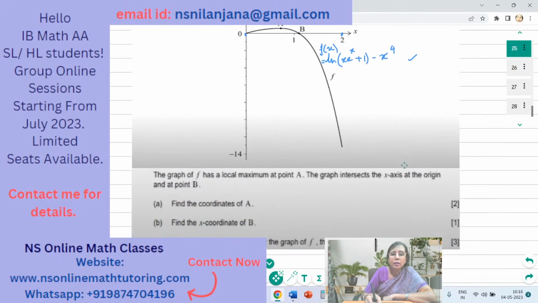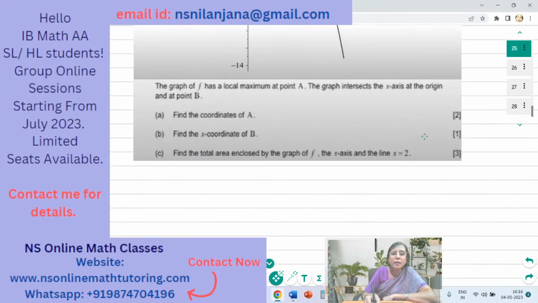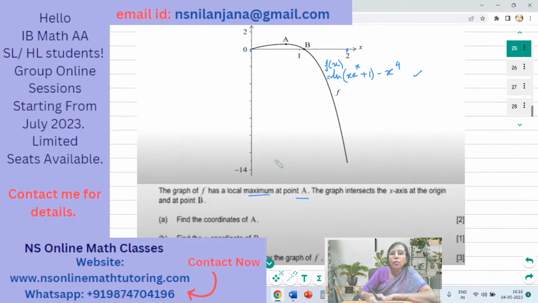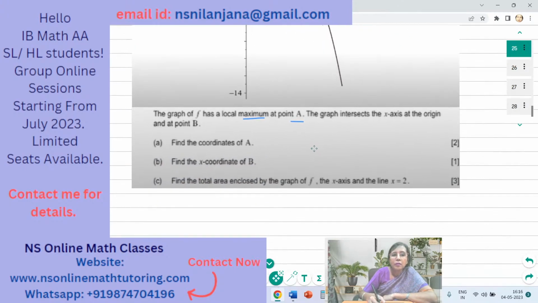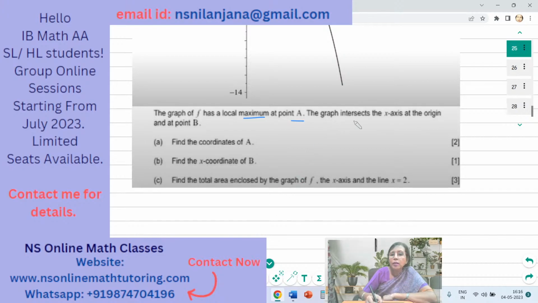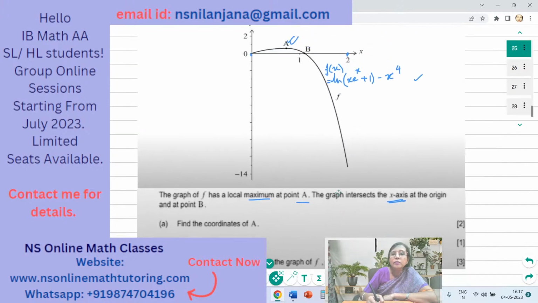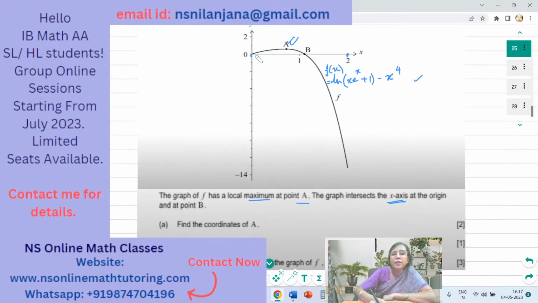The graph of f has a local maximum at point P. The graph intersects the x-axis at the origin and at point B. At the origin it is 0, an x-intercept, and at point B this is also another x-intercept.